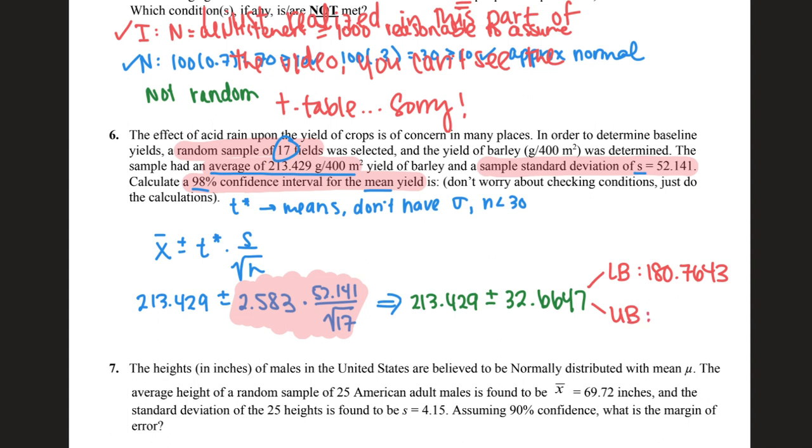And we get 246.0937. So my confidence interval is going to be from 180.76 grams per 400 square meters to 246.09 grams per 400 square meters.